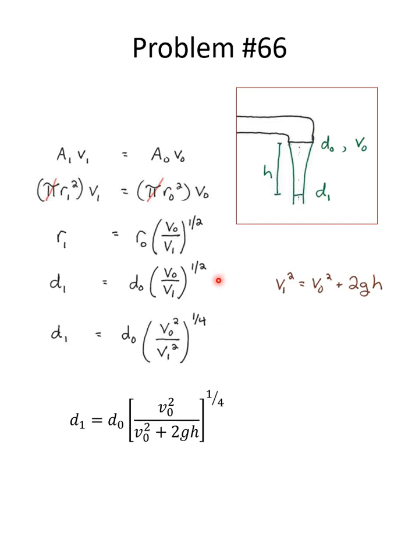So essentially, as this exponent is 1/2, I'm making it 2/4 down here and applying that 2 to the entire parentheses. And so now it is V0 squared over V1 squared to the 1/4 power. And now I can make that substitution in the denominator. V1 squared is V0 squared plus 2gh. And there you have it, what I've written out typewritten, and that is what the problem asked us to solve.